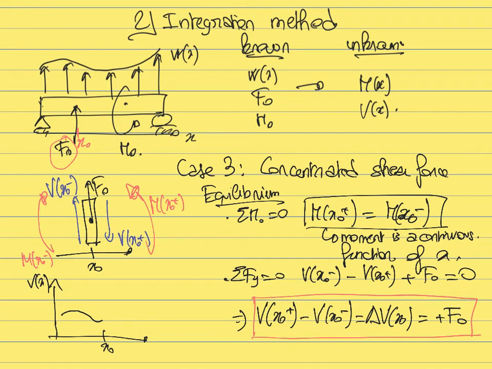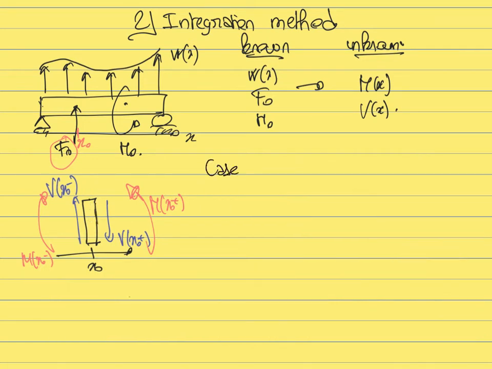All we know is that at this point x naught there will be a discontinuity. The internal shear will be either suddenly increasing or suddenly decreasing. And what we know is that the value of the discontinuity is equal to plus F naught. So if you have a concentrated force F naught at a given point, this is going to induce a discontinuity in this function, and the value of the discontinuity, the value of the jump, is equal to the concentrated force F naught.